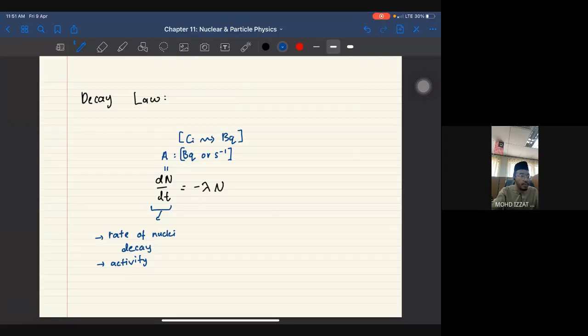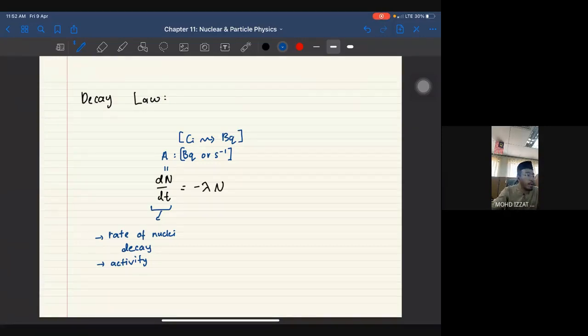Dia ada formula, dia ada value, and the value will be given in the exam. Dalam soalan tu sendiri dia akan beri. I have to check sebab buku saya lain.